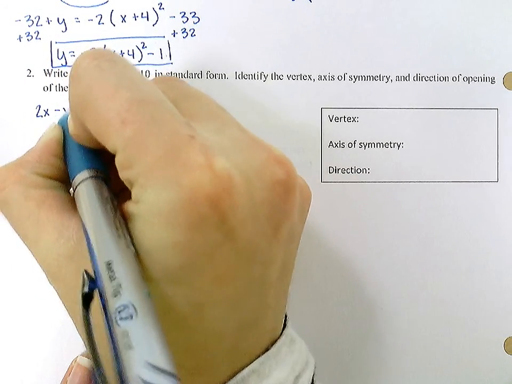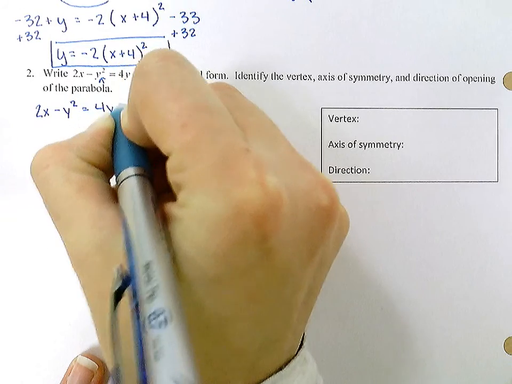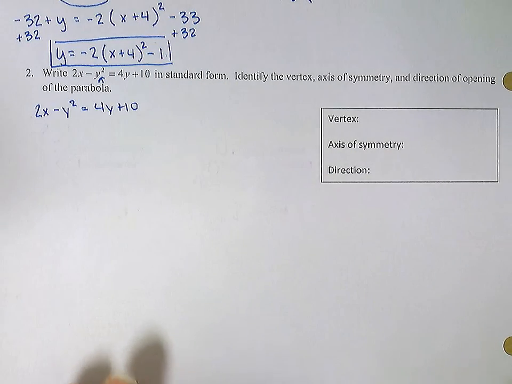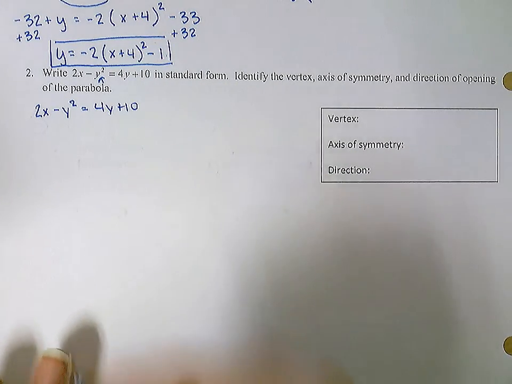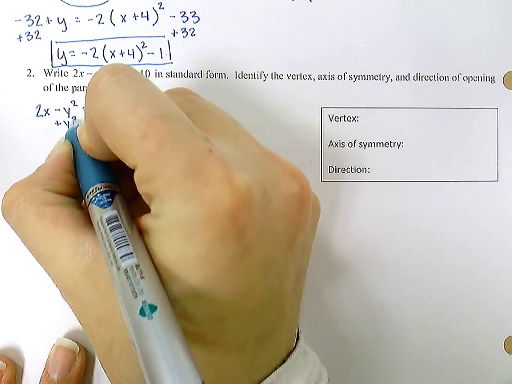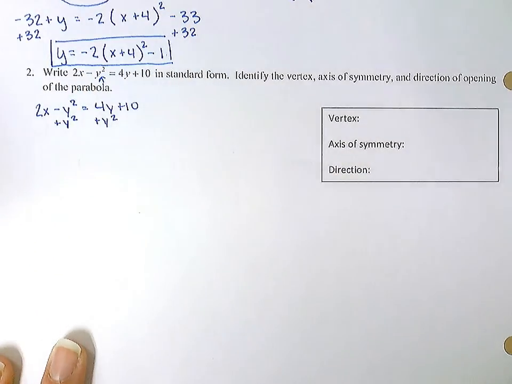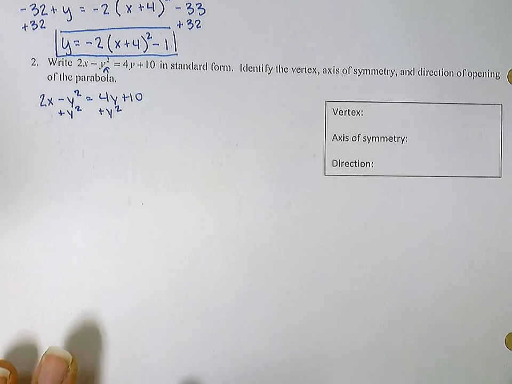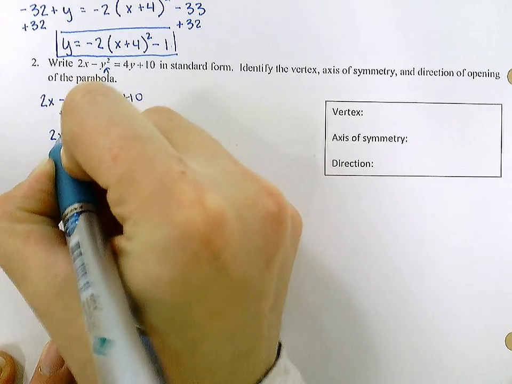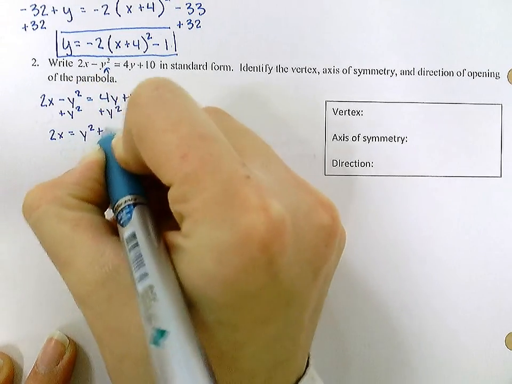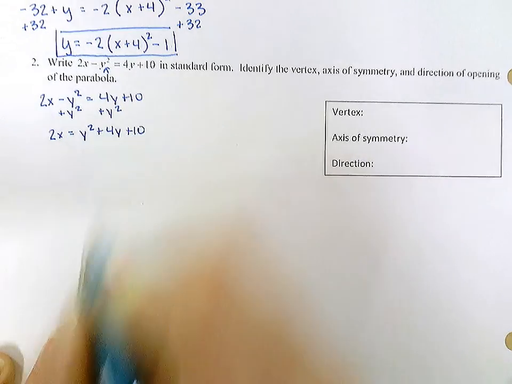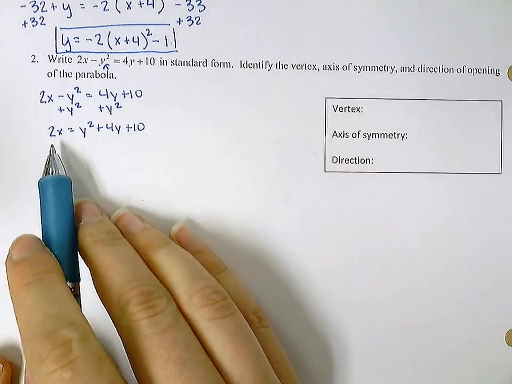So first, just rewriting my equation here. I want x by itself, so I'm going to add y squared to both sides of that equation. And then I need to divide by 2.